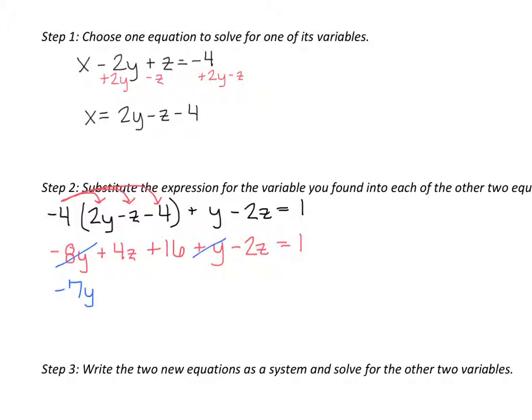I'm going to mark out each term as I go so that I know I've taken care of everything. Okay, 4z and -2z make plus 2z. And then I'm going to go ahead and move my 16 to the other side. So -15. Yeah.